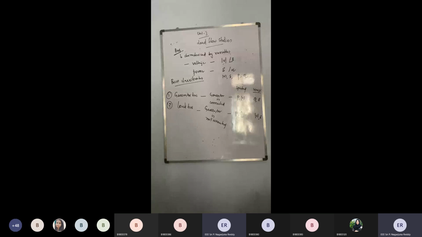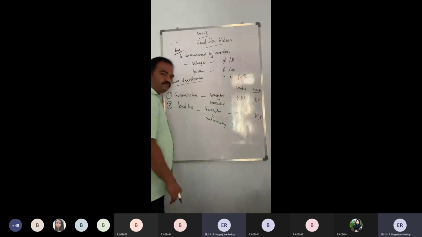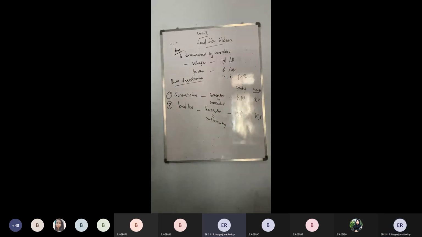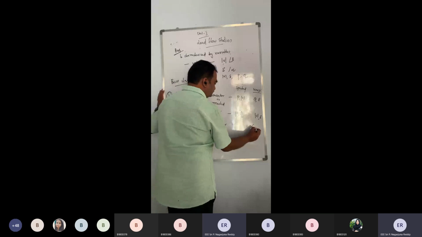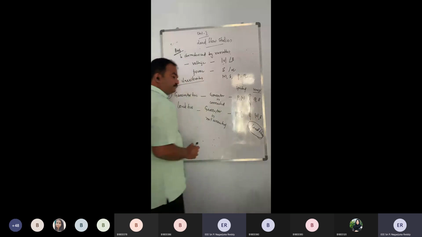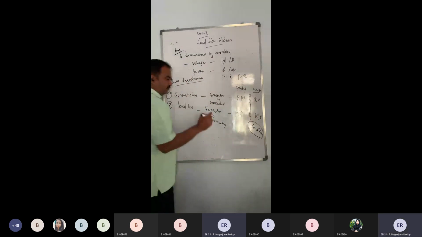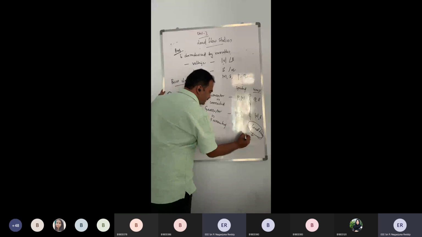Okay. Now, load flow studies is all about obtaining the unknown variables at all the buses. Now there is an assumption. How are load flows computed? By using numerical techniques.